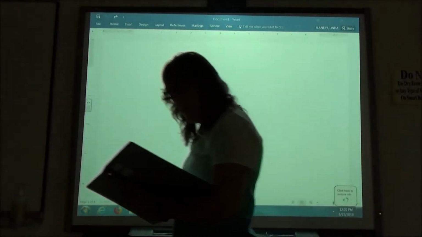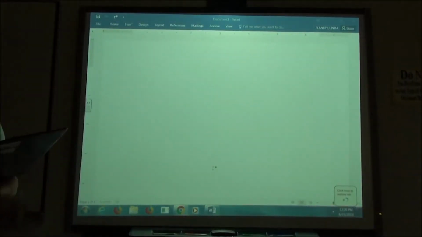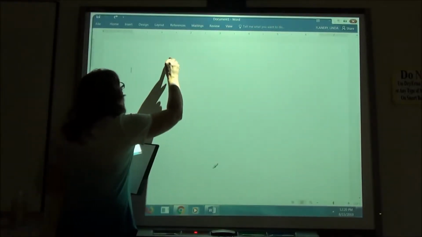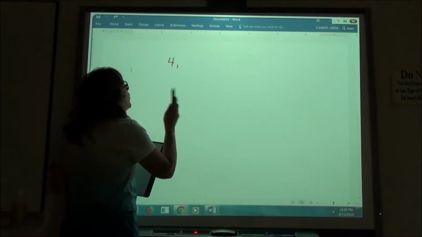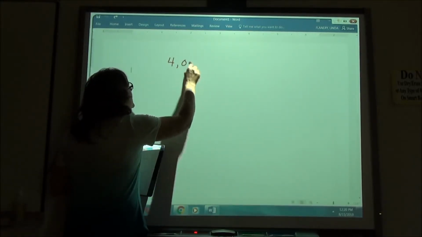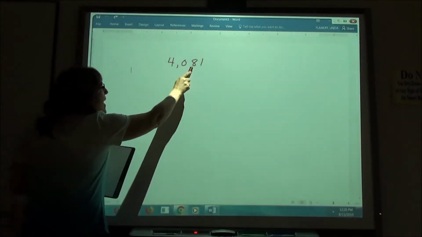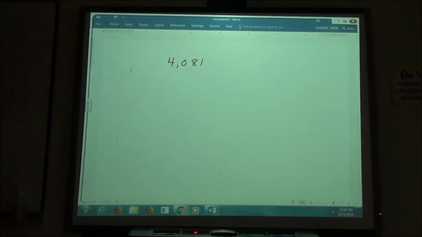The next one is just having you write the number. It says write the number for 4,081. So 4,000, and I don't have any hundreds, so I'm going to have a 0, and the 81 goes on the end. So 4,081.